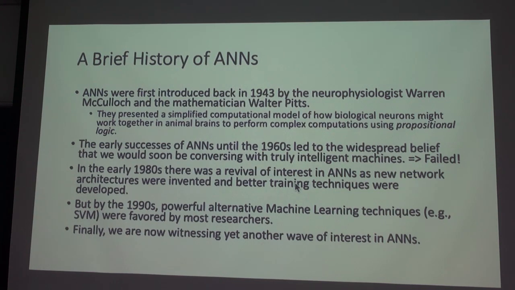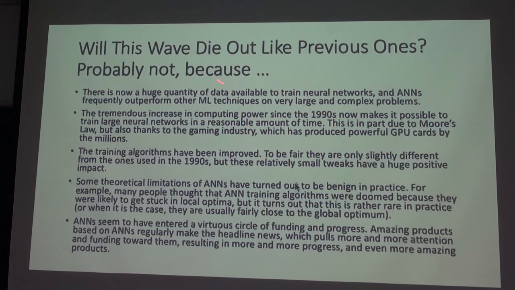Is this wave going to be successful, or is it going to be another failure? Well, some people may think it's going to fail again. But there are some reasons that allow us to be a little bit more optimistic, at least compared with the previous two waves.